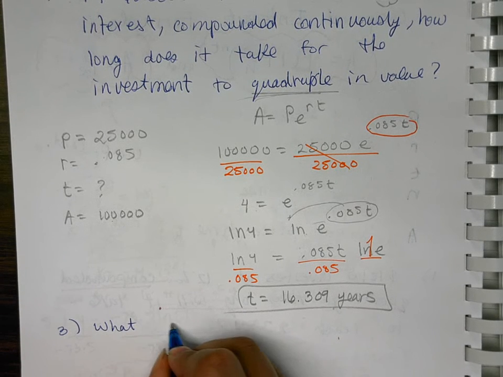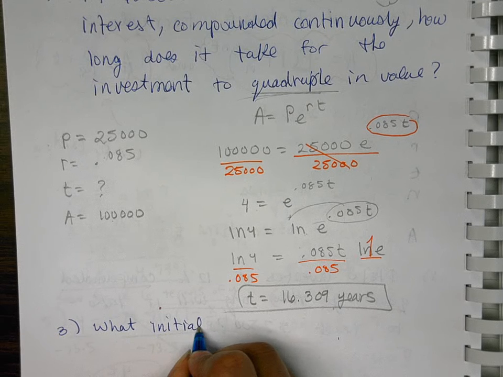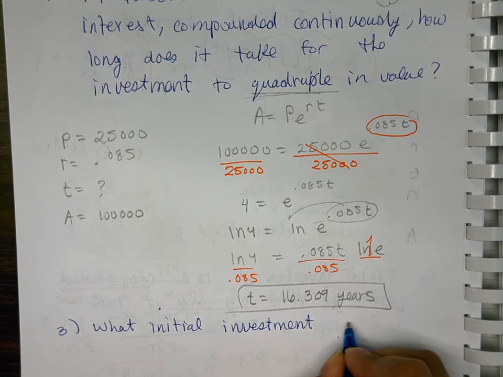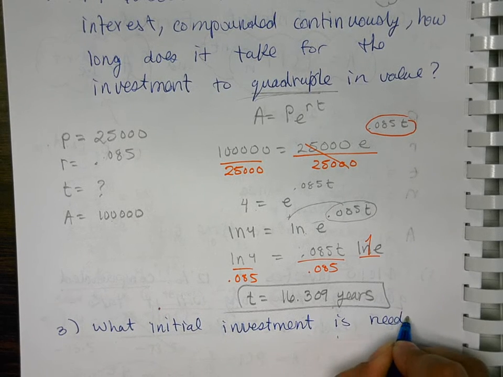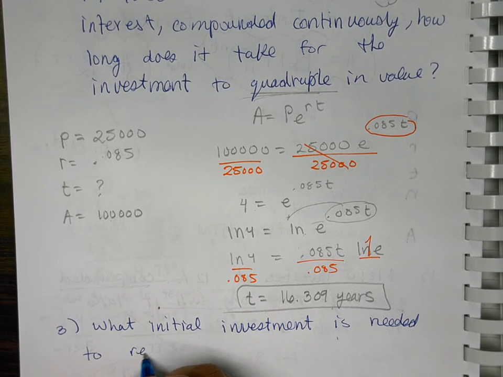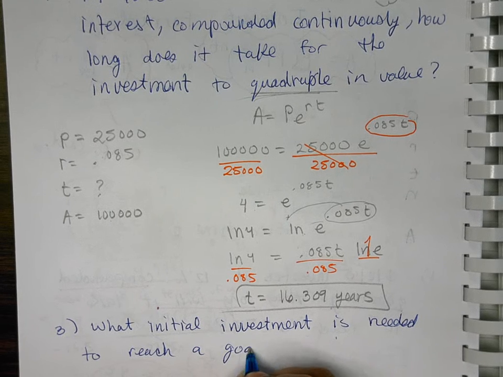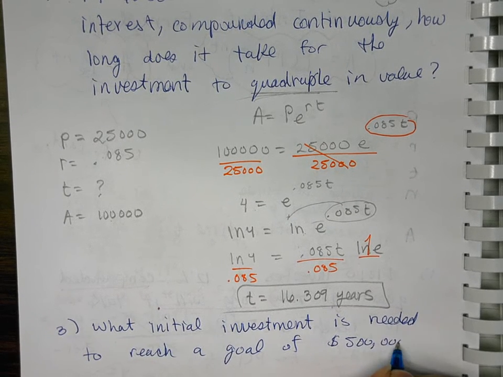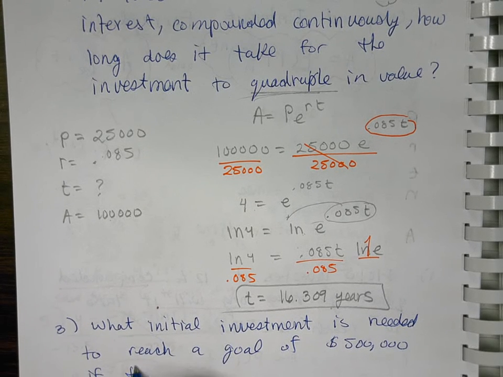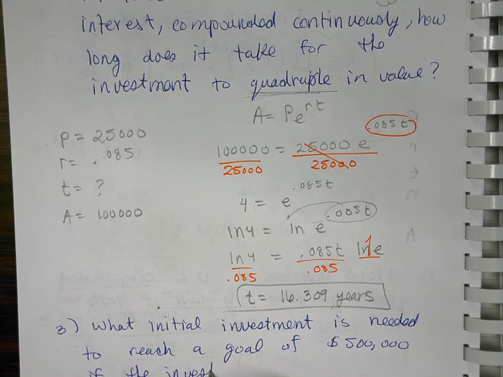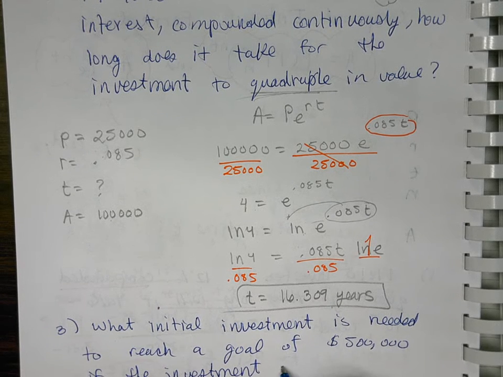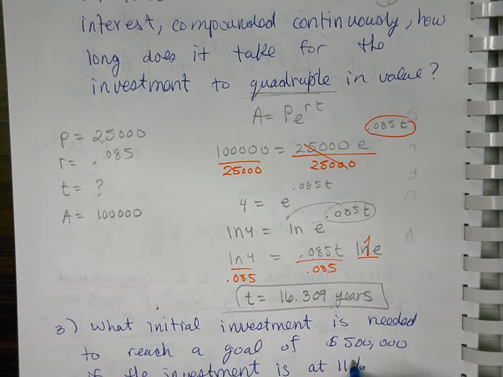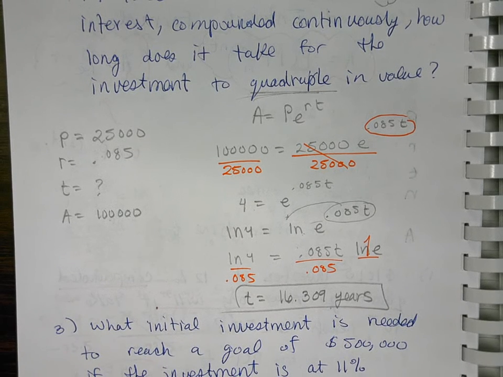6. What initial investment is needed to reach a goal of $500,000 if the investment, you guys are writing this down with me, is at 11% compounded continuously.